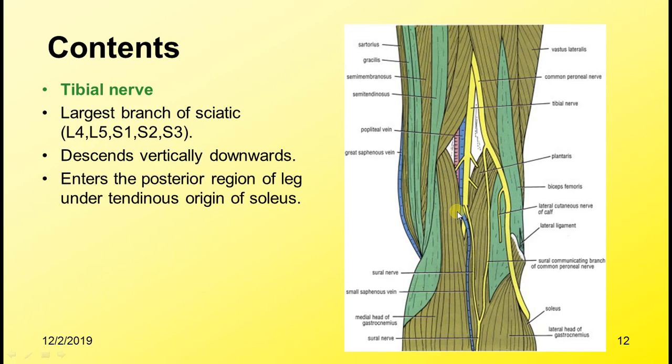It is overlapped by two heads of the gastrocnemius, and then it enters the posterior compartment of the leg along with the posterior tibial vessels, along with the posterior tibial artery and vein, under cover of the tendinous origin of the soleus muscle. So that is mainly about the tibial nerve.